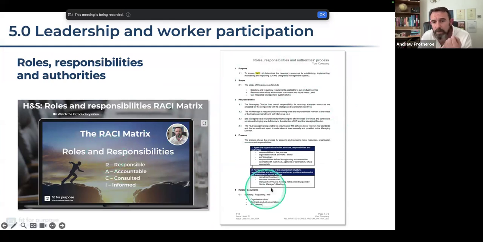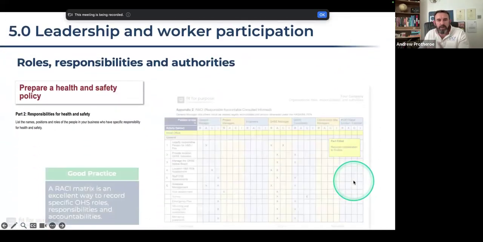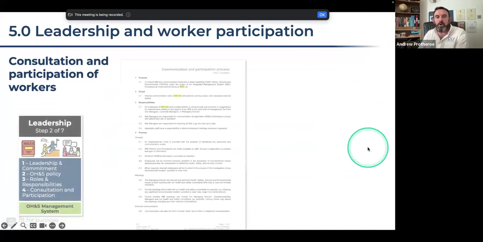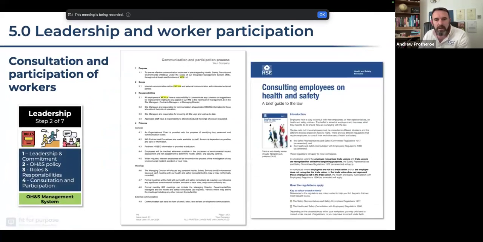I use this document all of the time when I'm trying to support an organization to understand where it is. That RACI matrix, really important. Who's responsible, who's accountable, who's consulted, and who's informed. Put everything down the left-hand side that you want, that needs doing, and then cross-check it against the names at the top. So this clause is really important.